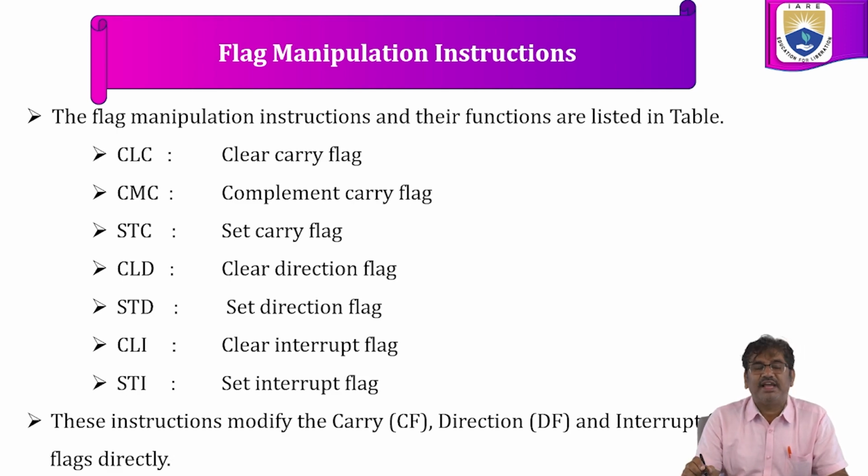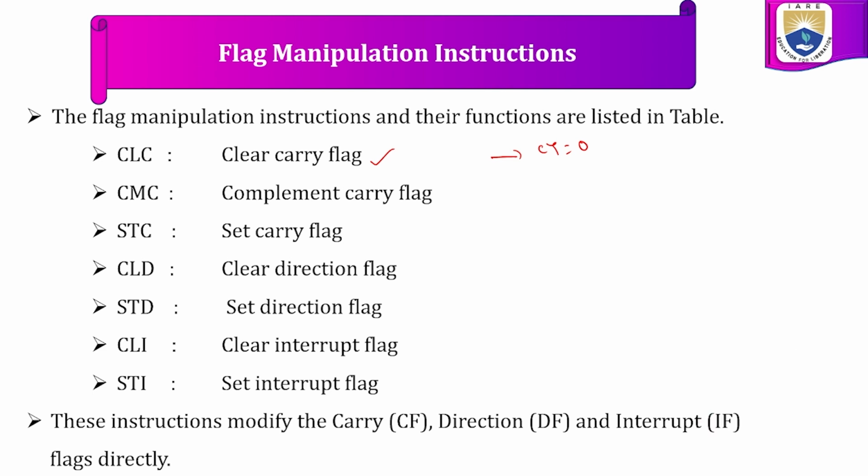Now we will see first the flag manipulation instructions and their functionality listed in the table below. First one is CLC, which is for clearing the carry flag. Before executing this instruction, the carry flag may be 0 or 1. After executing this instruction, the carry flag will be cleared. Next one is CMC, which complements the carry flag. Before executing this instruction, if the carry flag is 0, it will be complemented to 1.